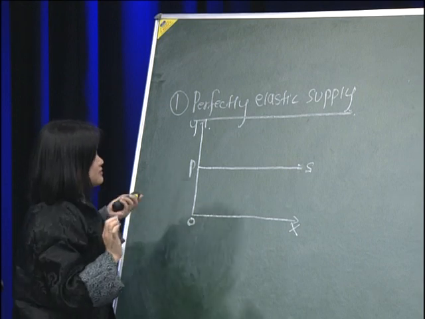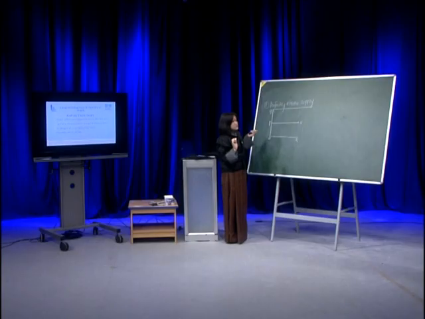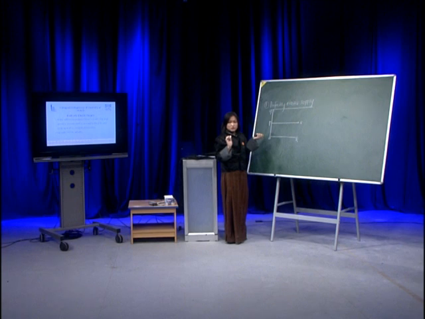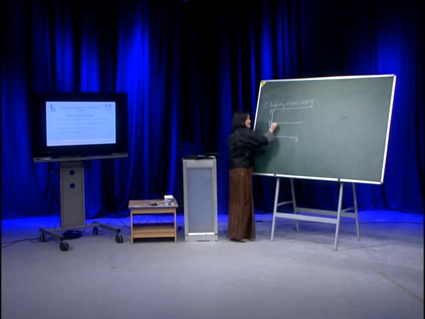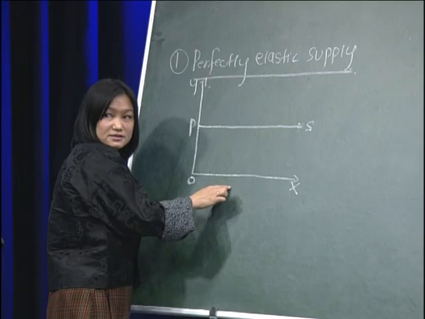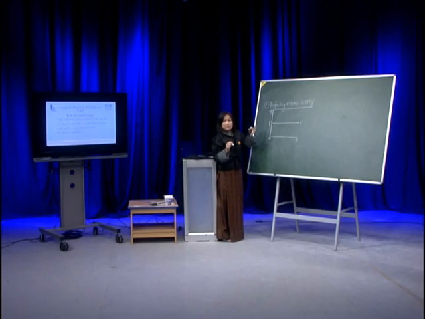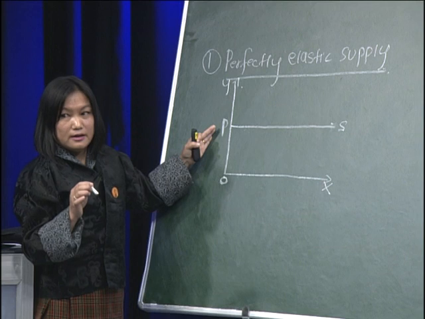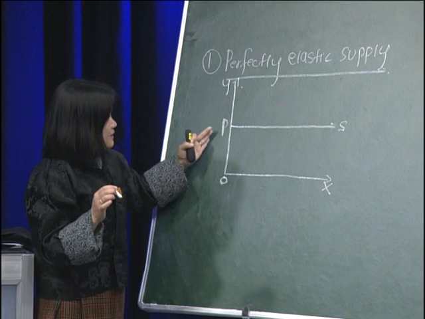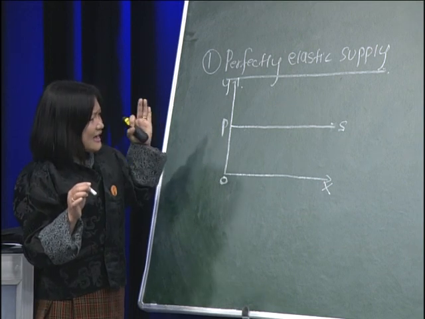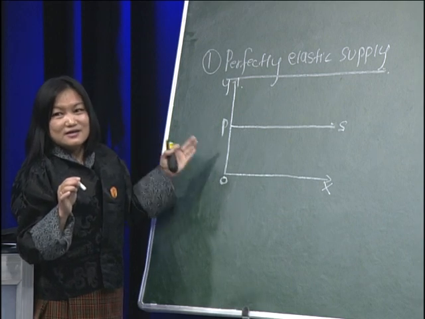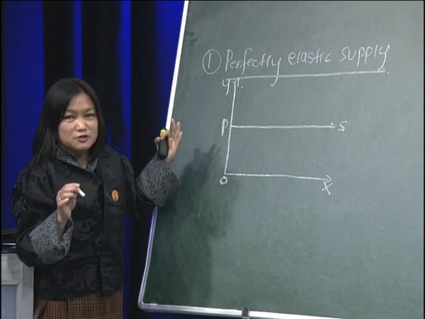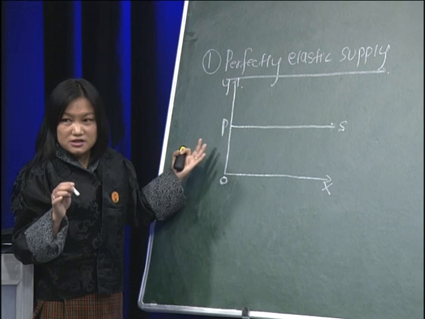Okay, this graph indicates that the supply is perfectly elastic. You'll see that the supply curve runs parallel to the x-axis. The suppliers are willing to supply a larger quantity of commodity at price OP. In case the price decreases slightly below OP, the supplier will not be willing to supply any commodity.